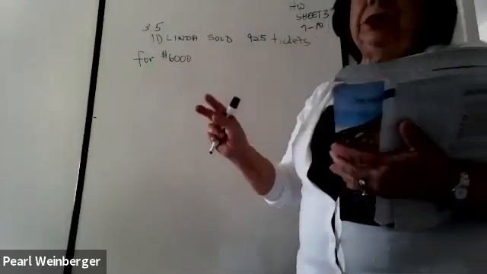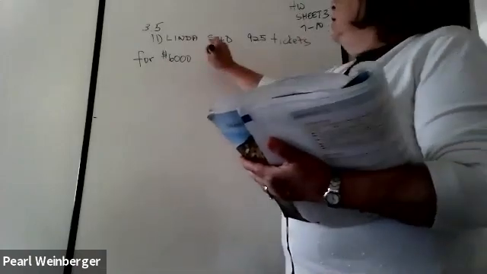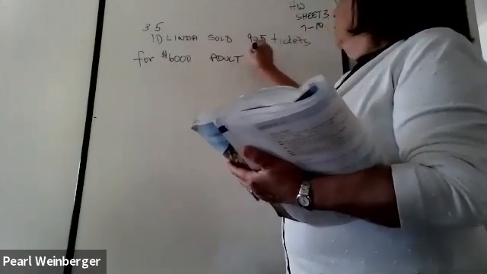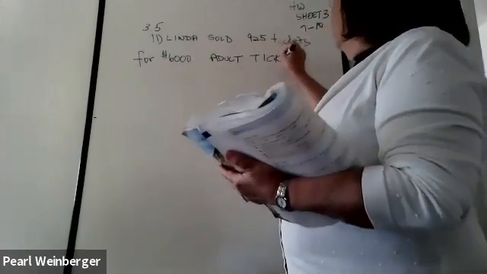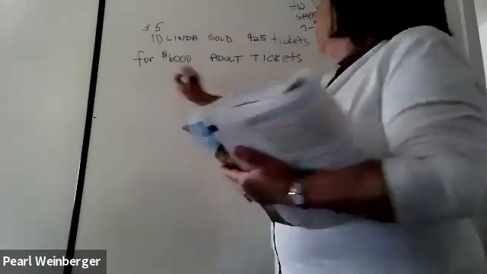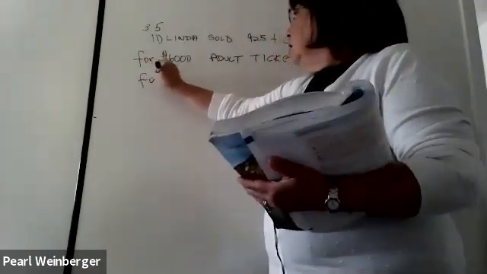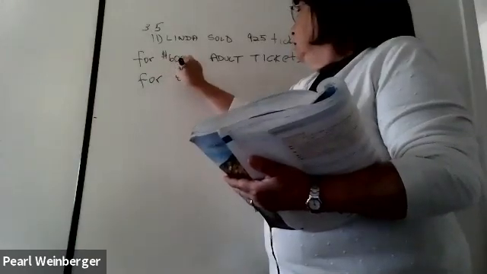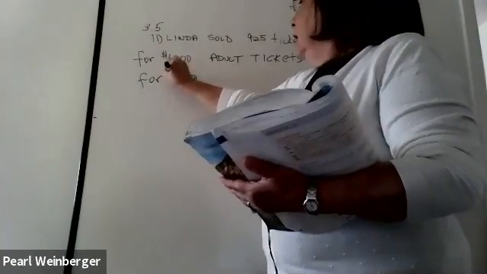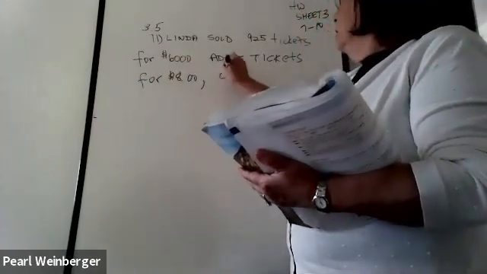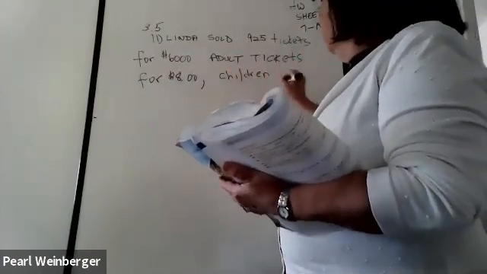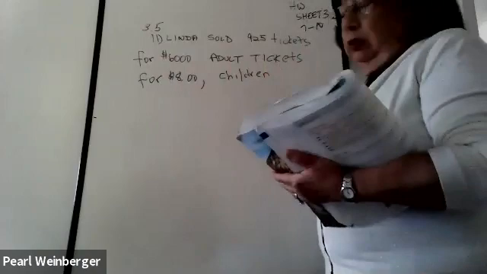Now, there were two different types of tickets. Adult tickets were $8, and children's tickets were $6.